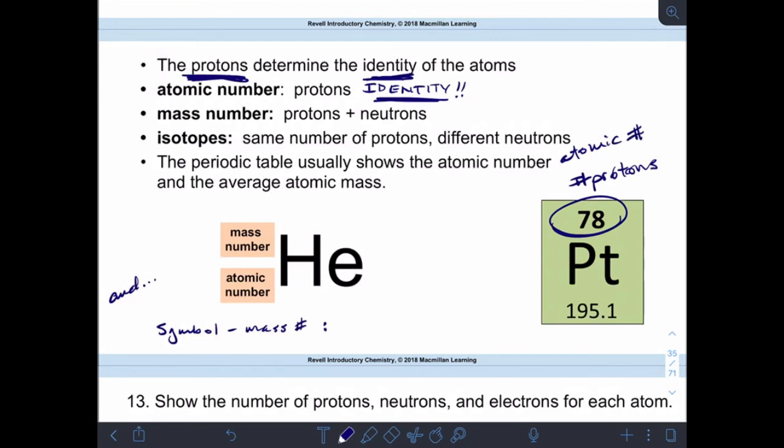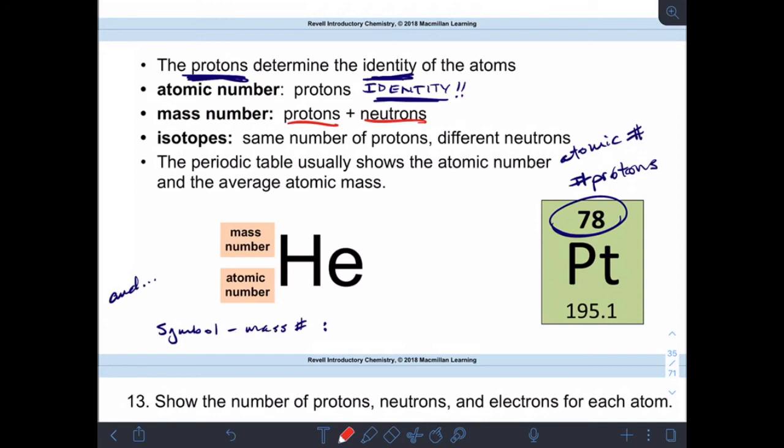All right, now the mass number is the number of protons plus the number of neutrons. Okay, so if I have a mass number of, let's say, 12, and I'm talking about carbon, if I know that it's carbon, then I know that it has 6 protons.